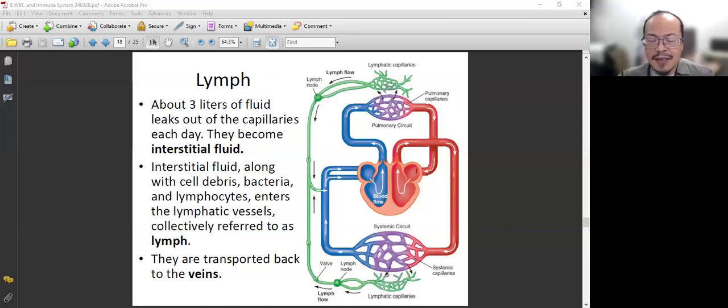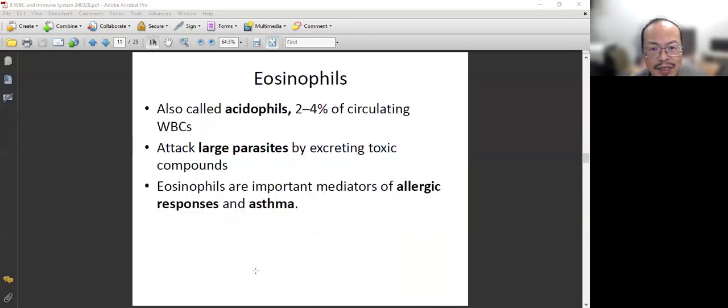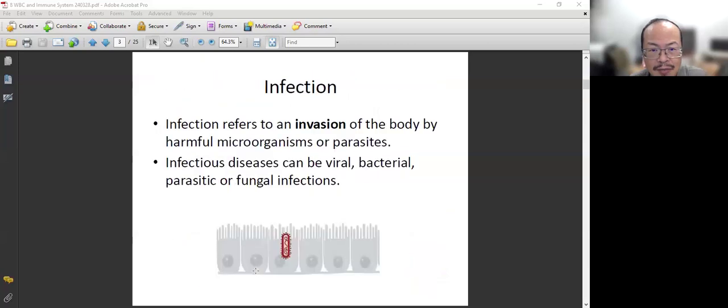The reason is, if there's any intruder, it will go through our blood vessels very quickly, because they spread everywhere, especially as all the cells need oxygen. So blood vessels reach every cell to deliver the oxygen. If an intruder gets into our body, the very first thing is it goes into the blood. And as we know earlier, once they go into the blood, they will encounter our immune cells.